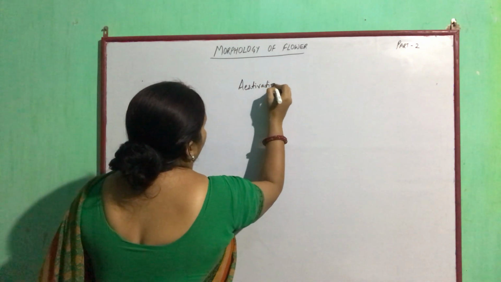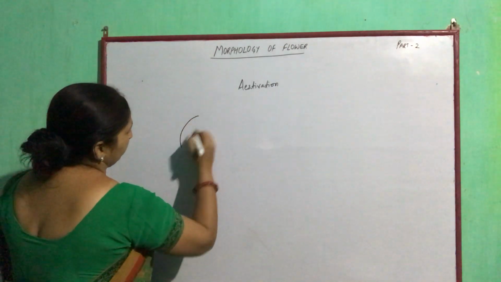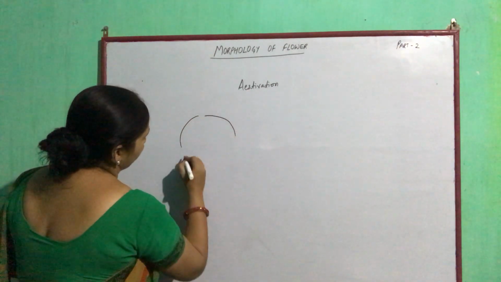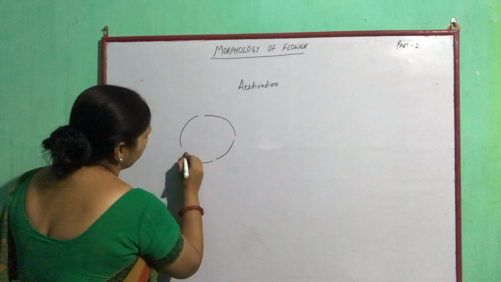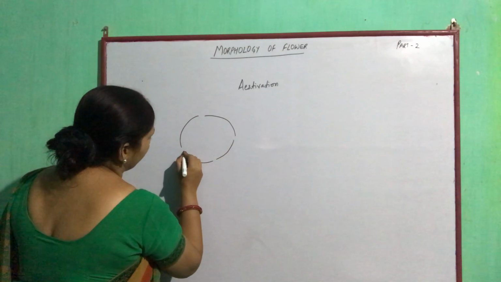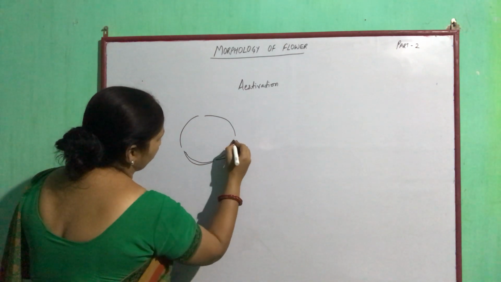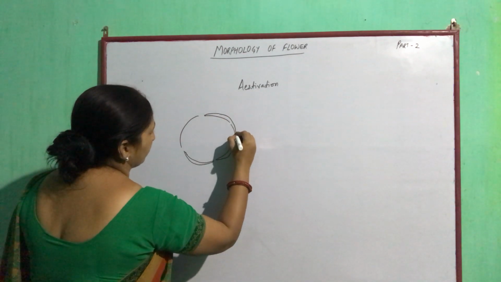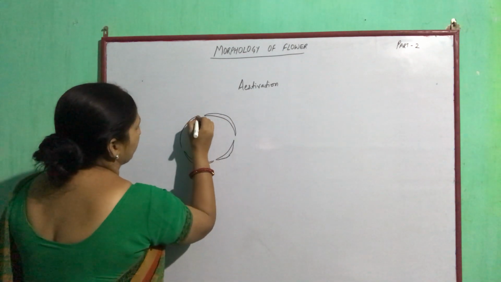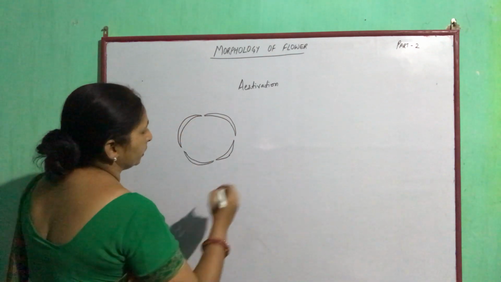Now the arrangement of calyx and corolla. If the calyx and corolla are arranged end to end, this is end to end.